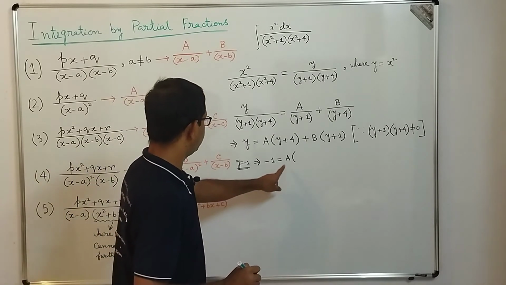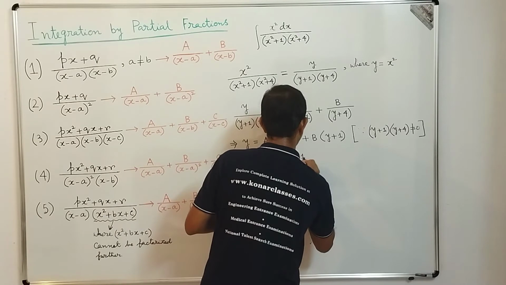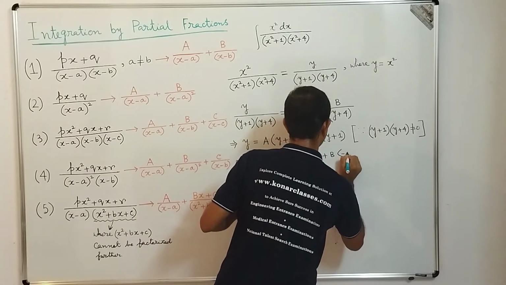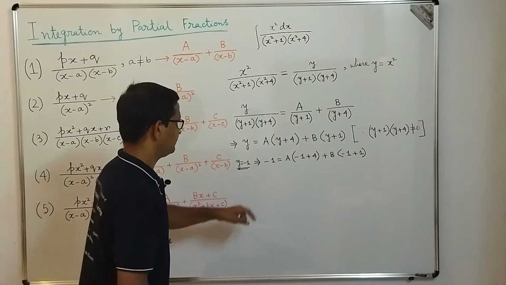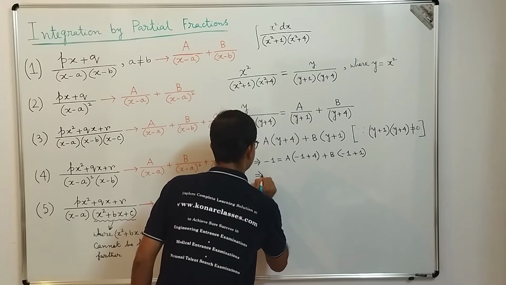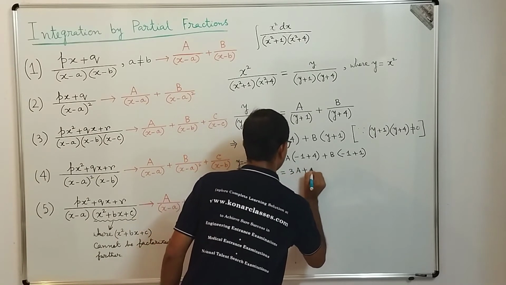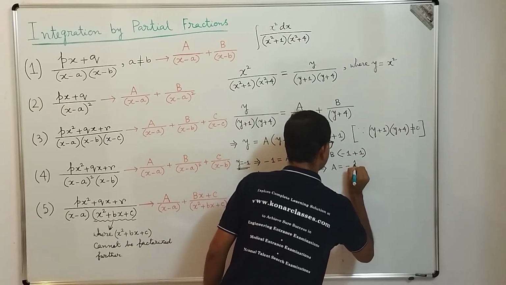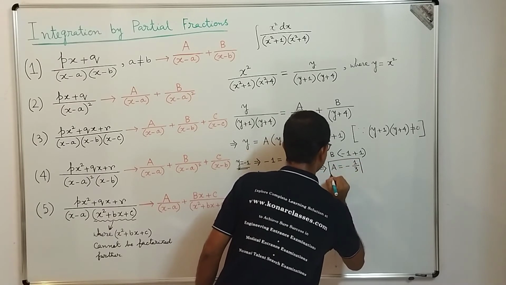Y plus 4 means, y is minus 1, so minus 1 plus 4, plus B into (minus 1 plus 1). Correct? So what we get from here is minus 1 is equal to 3 into A plus 0. That implies A is equal to minus 1 by 3. So that is the value of A we get, dear students.